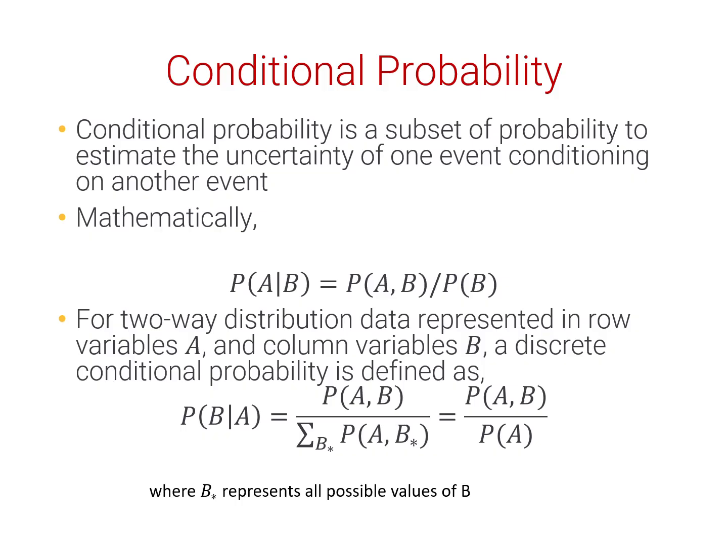To illustrate the concept of conditional probability, let's consider a real-world example. Imagine you're a medical researcher studying the relationship between a specific risk factor and a disease. You have data on a large population, indicating whether individuals have the risk factor and whether they have been diagnosed with the disease.